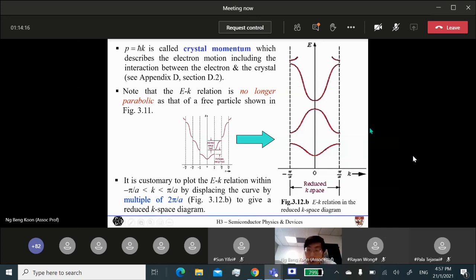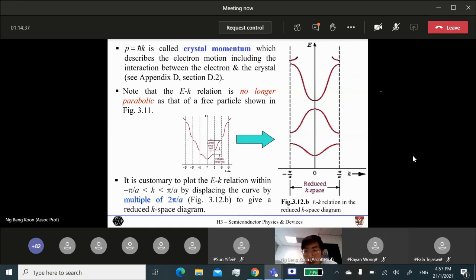If you do that, then you get this kind of relation, which describes the energy against the momentum of the electron in a crystal. Qualitatively, you can think of this as the kinetic energy of the electron versus the velocity of the electrons in the semiconductor. That's similar.